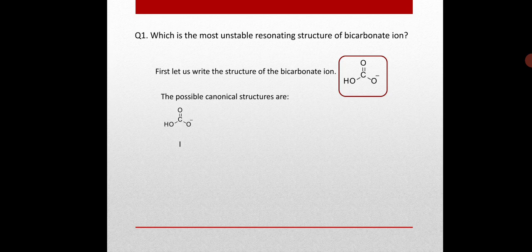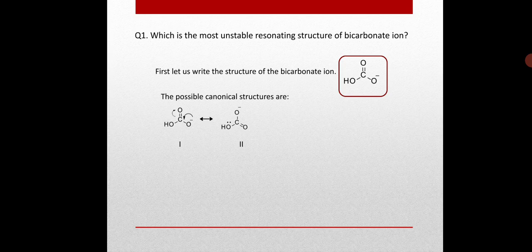Here in the bicarbonate ion, one of the oxygens has a negative charge, so it can donate its electron and go into resonance with the carbonyl group. The moment the negative charge is donated, the carbon becomes pentavalent, so the double bond immediately breaks and we reach the next structure, canonical structure 2.